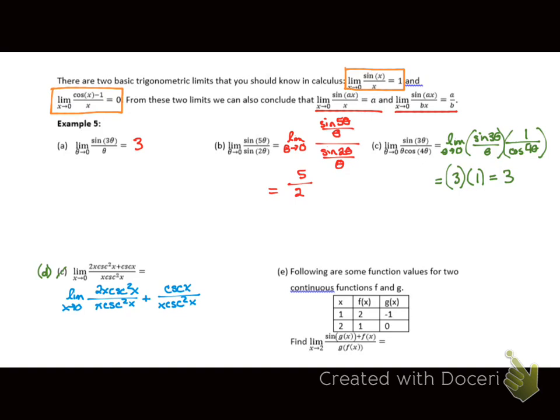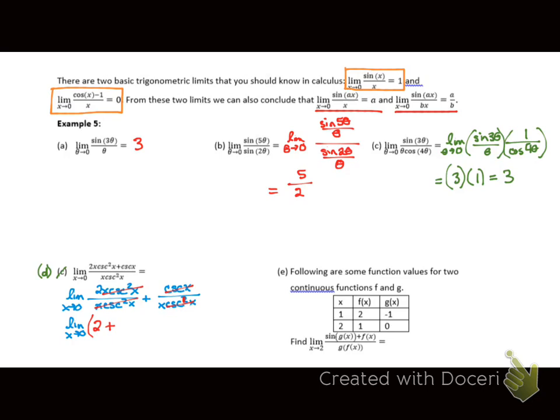Now, hey look, well that's nice. There's x cosecant squared x there on top and bottom. Because there's no addition, I'm allowed to cancel that. So I'm really finding the limit as x approaches 0 of 2. And then on this other one, I can take out 1 cosecant, so it's just the first power.